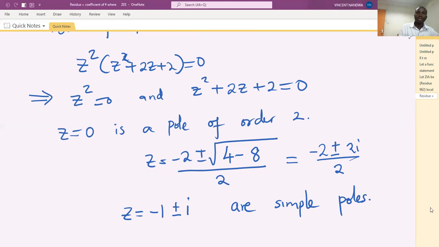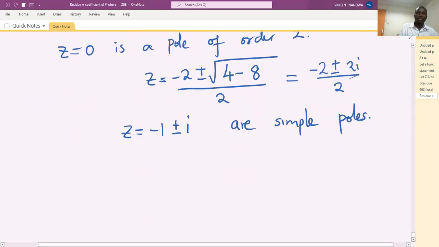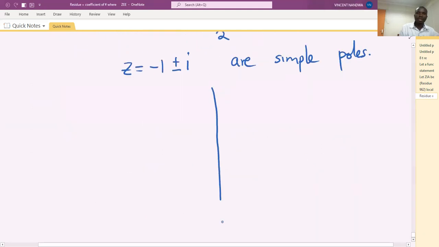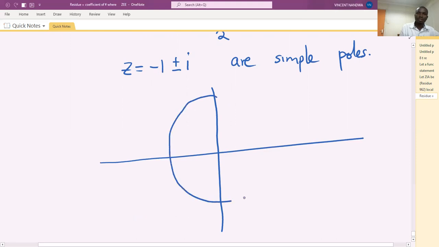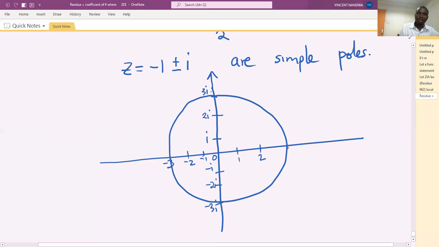So immediately we get the poles, then we have to sketch the given circle to know which of the poles lies within that circle. So here the circle is having radius 3. Okay, this one 3i, 2i, i, 0, minus i, minus 2i, minus 3i, minus 1, minus 2, minus 3, 1, 2, and then 3.